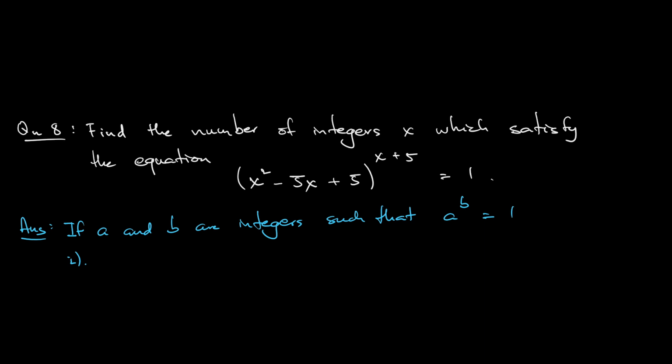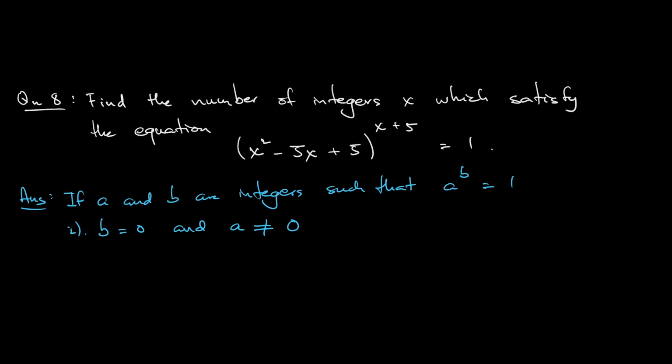Case 1 is the power needs to be 0. If the power is 0, whatever the base is, it will be equal to 1, except when the base is equal to 0. So I need a to be not equal to 0, because 0 to the power of 0 is undefined.